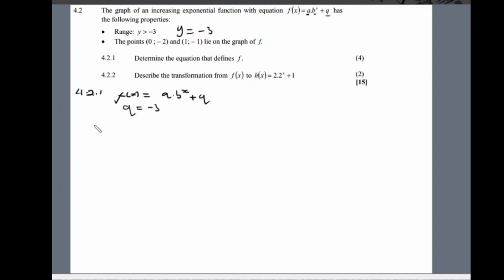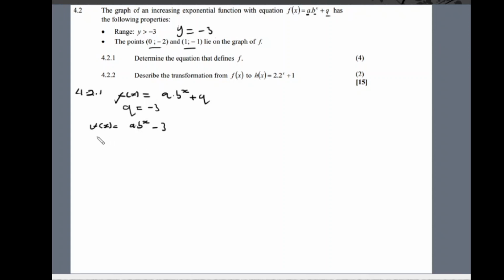Okay, and then now our equation will become f of x is equals to a times b to the power x minus 3. And then now I can use these 2 points to solve for a and b, right?